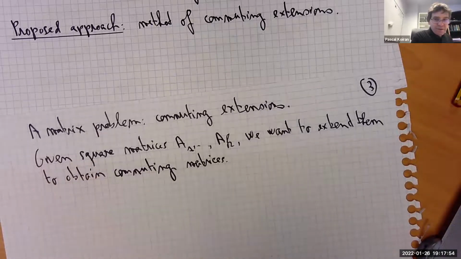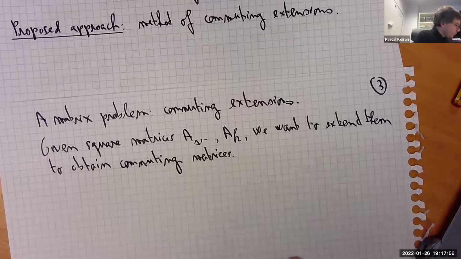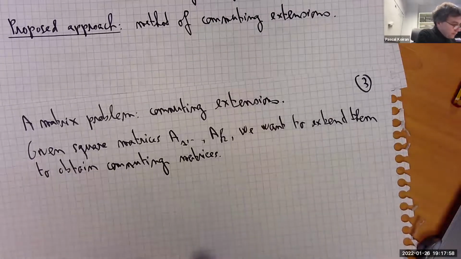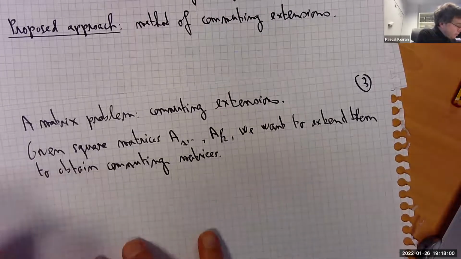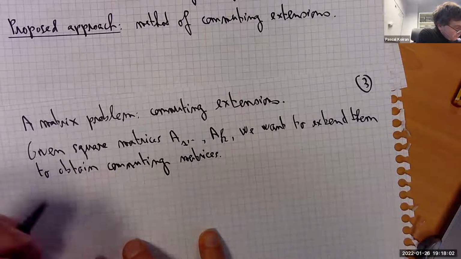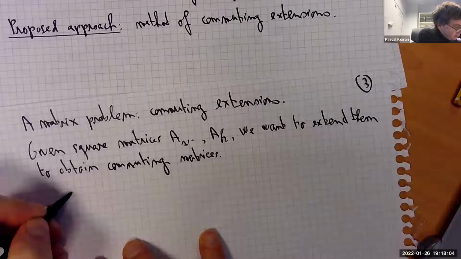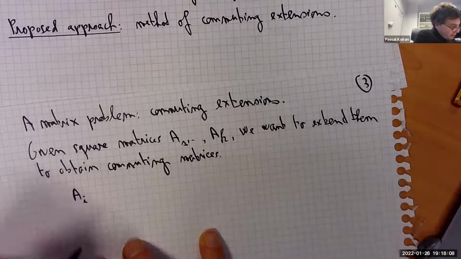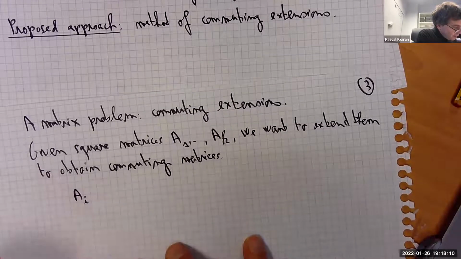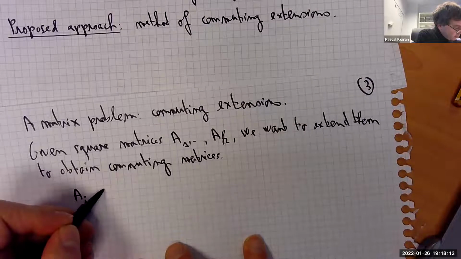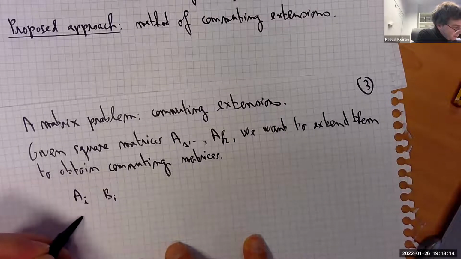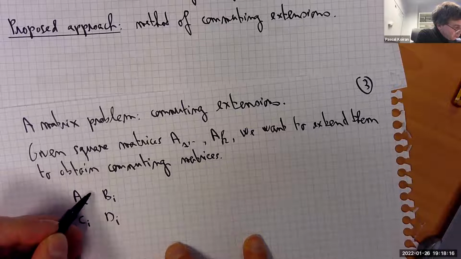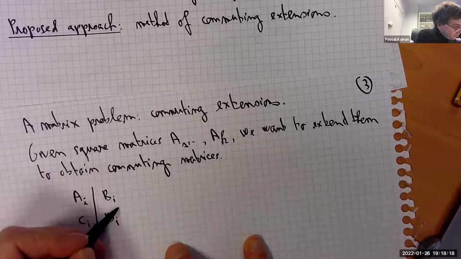It's extended by adding rows and columns. So I have my data A_1, ..., A_k, and we want to construct a bigger matrix. The A_i are going to sit in the top left corner.